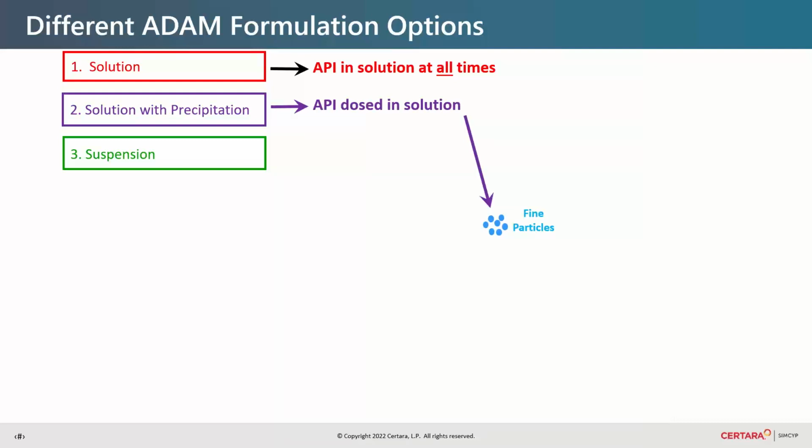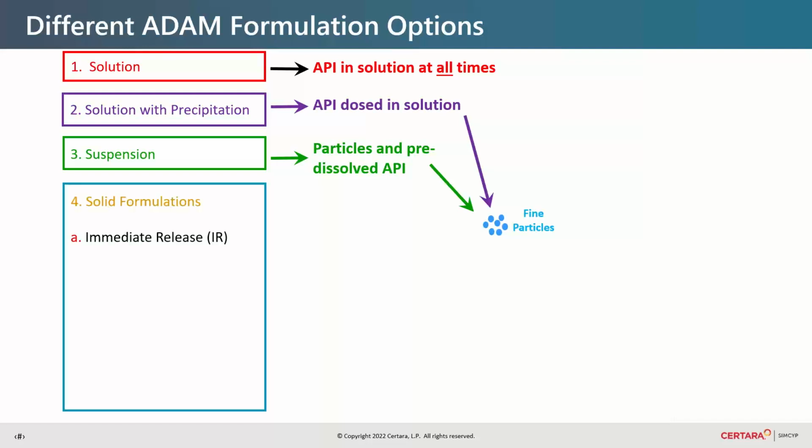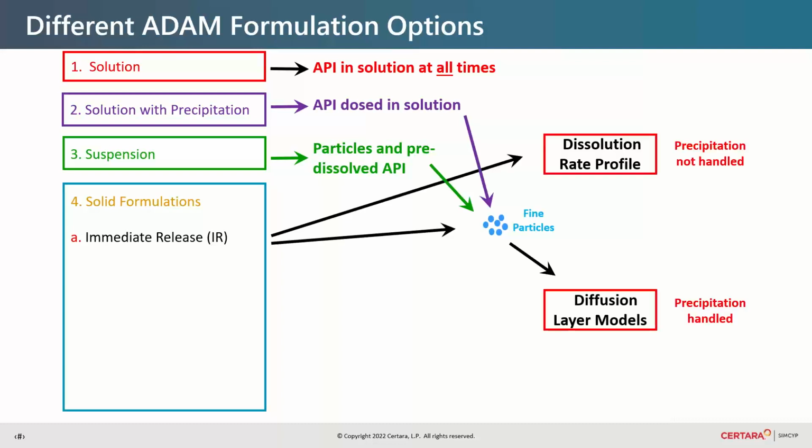The compound can be dosed in solution, but depending on its solubility and its properties, it can precipitate to fine particles. We can also look at dosing suspension, where the compound's dosed as a mixture of pre-dissolved compound and particles. And we can also account for a number of different solid formulations, including immediate release tablets.